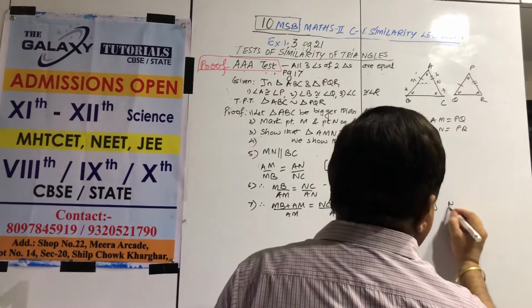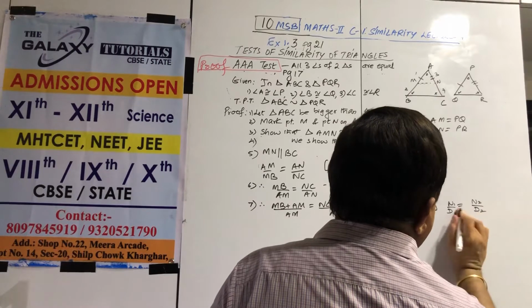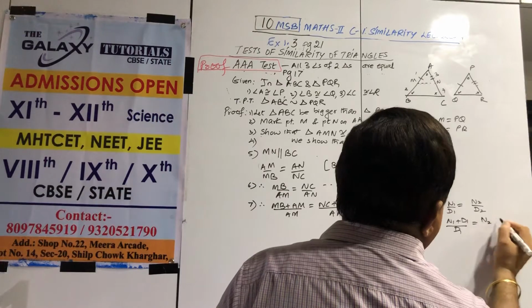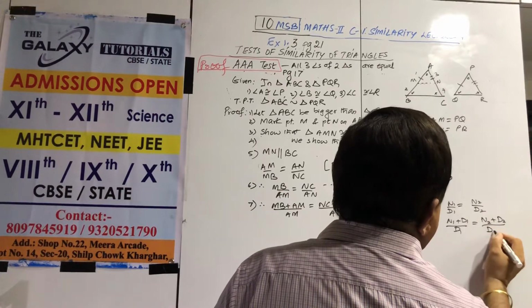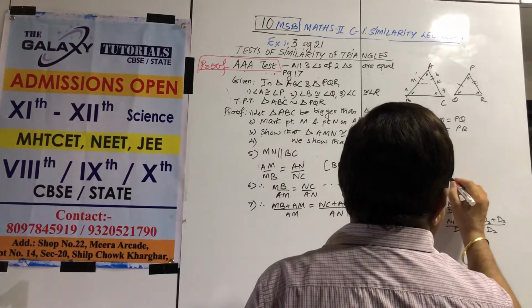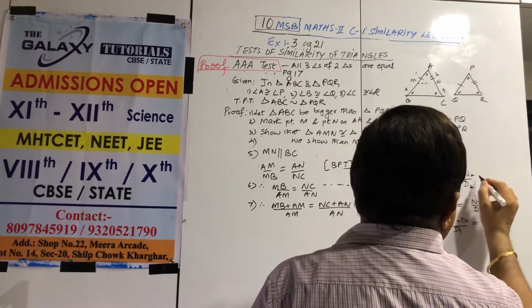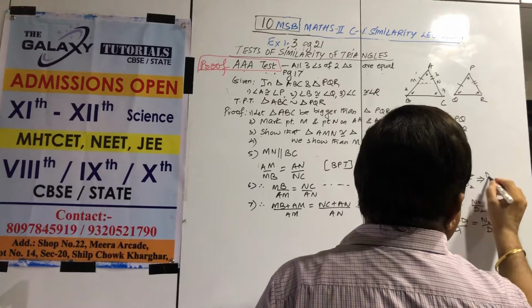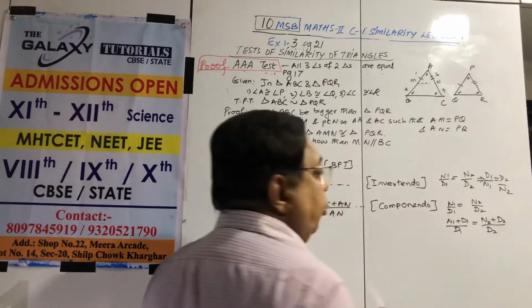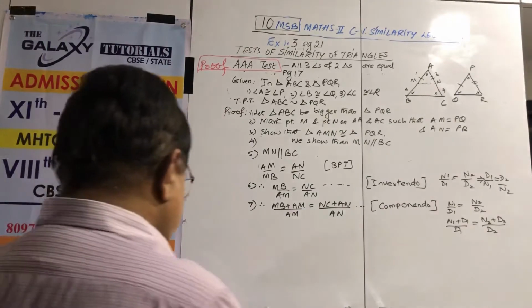So numerator upon denominator, okay, is equal to numerator upon denominator. So numerator plus denominator upon denominator is the second side also similar. This is called componendo. And invertendo is n1 upon d1, numerator upon denominator, will become d1 upon n1 is equal to d2 upon n2. I'm just putting it because you must not be remembering your lower classes. Okay, these have all been done earlier.